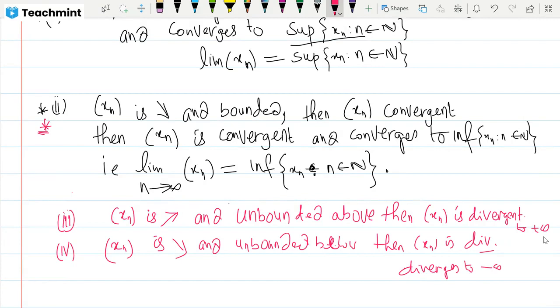Similarly, if xn is decreasing and bounded below, then it is also convergent and converges to the infimum of this set.